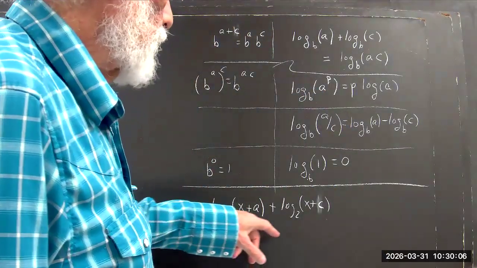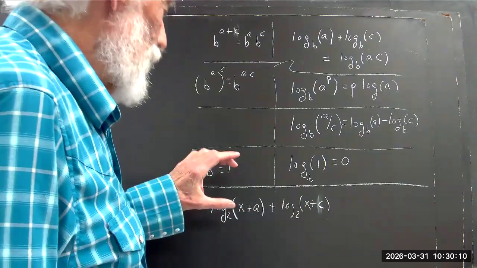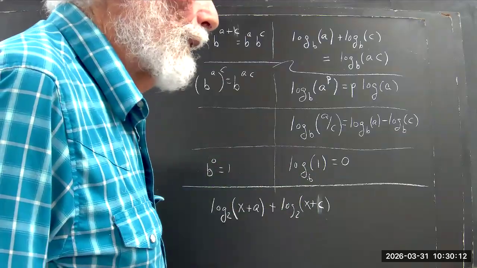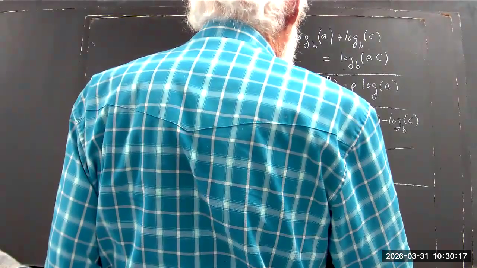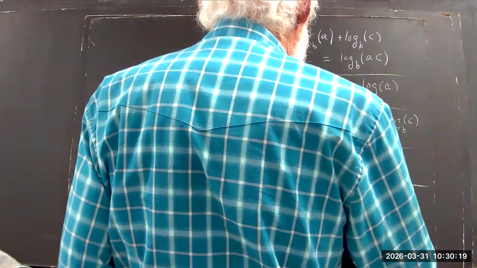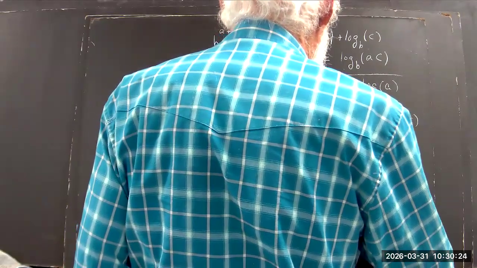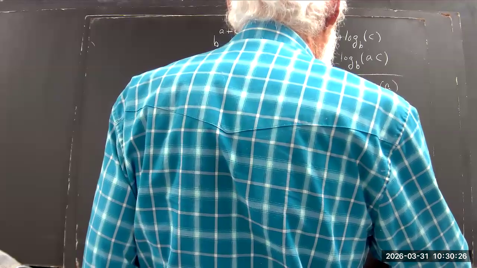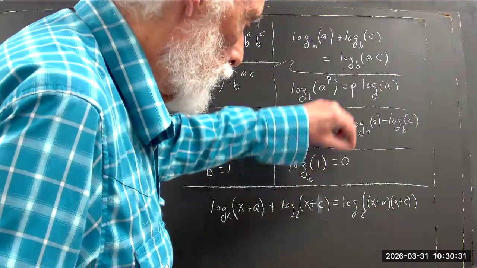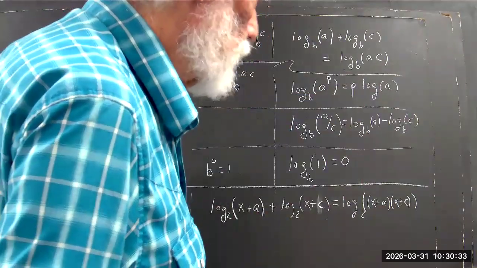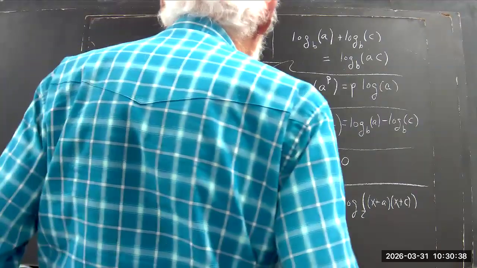Then log base 2 of x plus a plus log base 2 of x plus c: again, if you add two logs, what you get is the same thing as the log of the product. So it is log base 2 of x plus a times x plus c.